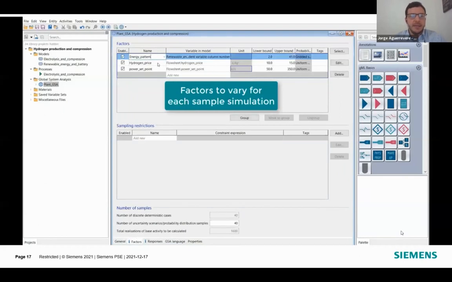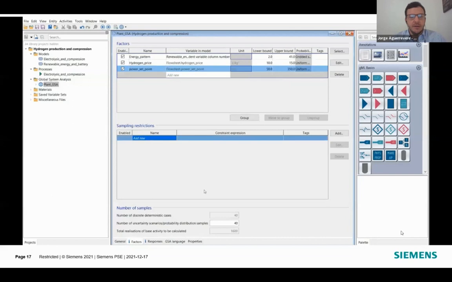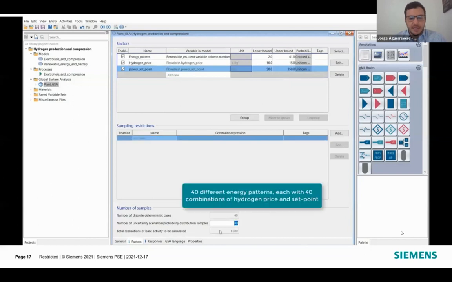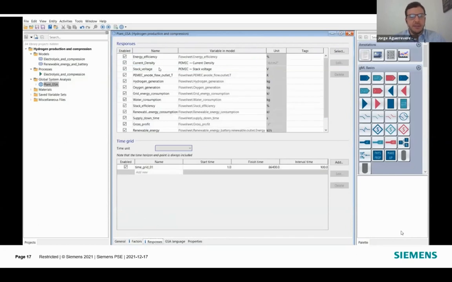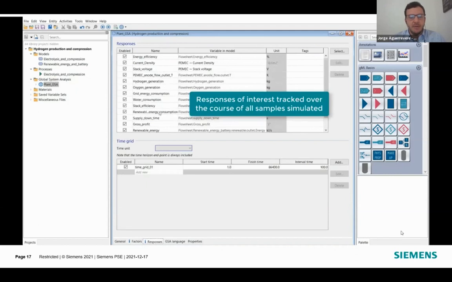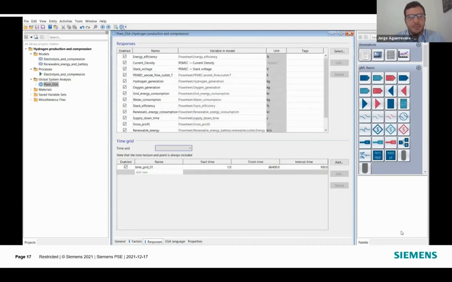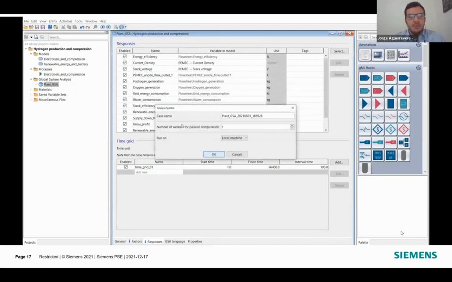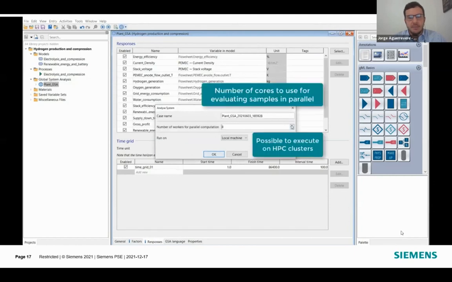And finally, we can set up global system analysis activities where we start to look at running, in this case, 1600 simulations, looking at a lot of different model predictions for different power availability profiles and different operating set points. Once that is executed, this can be executed using multiple processors.